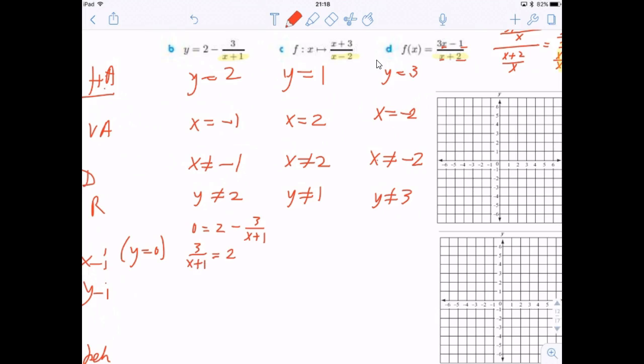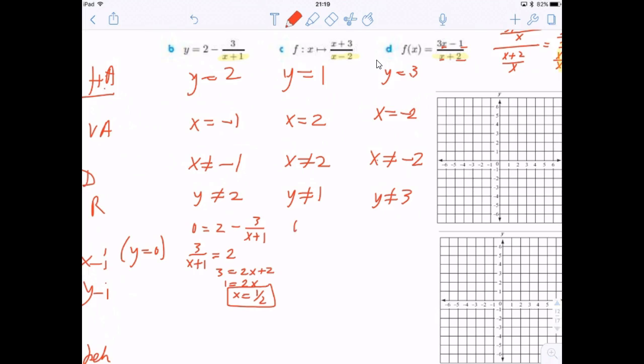Then we can multiply both sides by x plus 1, and so we'll get 3 equals 2x plus 2. And then we'll subtract 2 from both sides, and we'll get 2x equals 1. And basically, we'll find out that x is equal to 1/2. And that is our x-intercept.